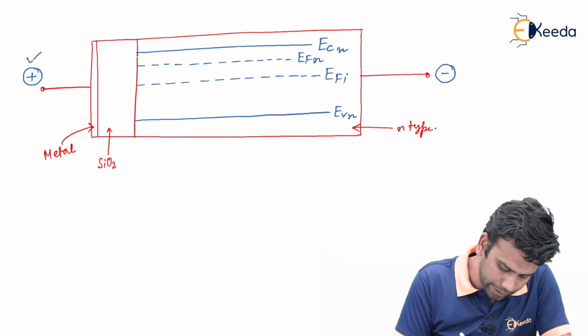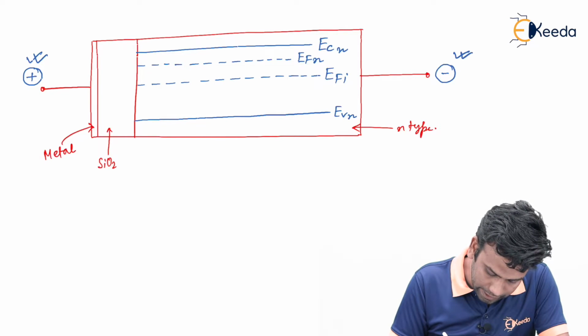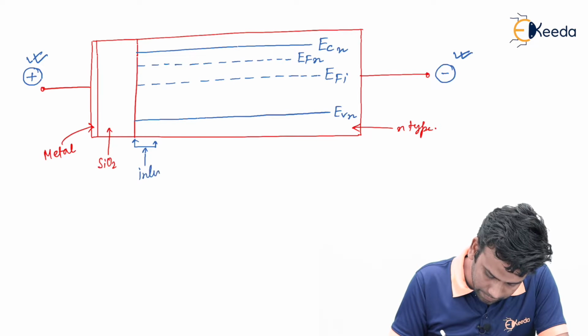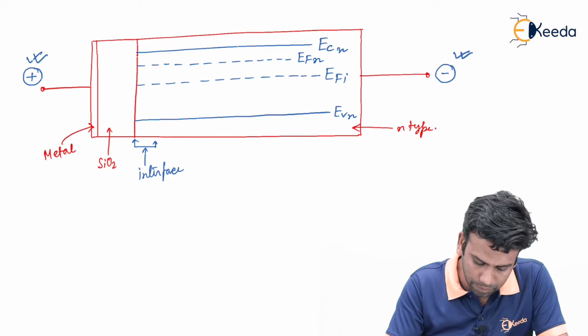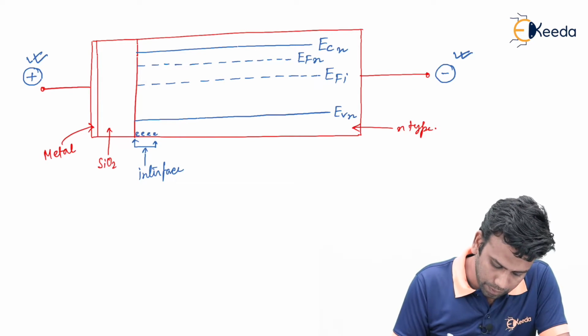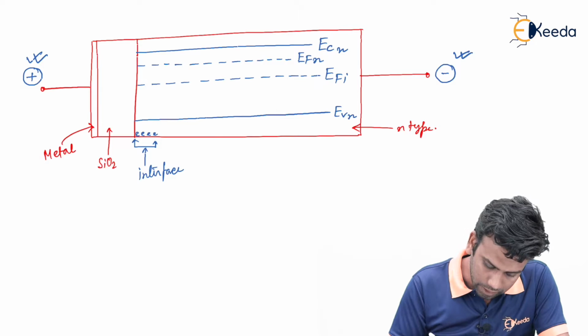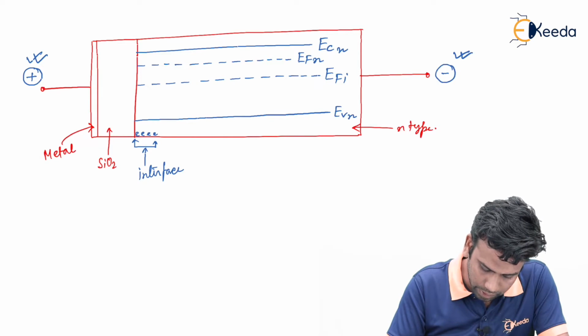Now we have given a positive potential here and negative potential here. So at this interface layer, a large amount of electrons will now be accumulated. So we can draw here a large amount of electrons which will be accumulated throughout this interface layer, and hence the band will now modify itself according to this accumulation.